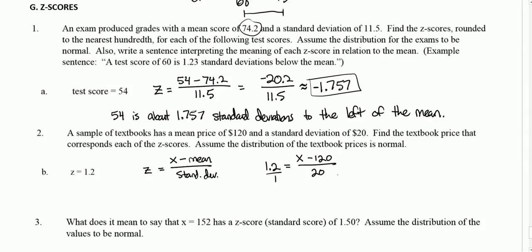I'm going to cross multiply, and I get x minus 120 is equal to 20 times 1.2, or x minus 120 is equal to 24. Add 120 to both sides, and you get x is 144. And we're talking dollars here.